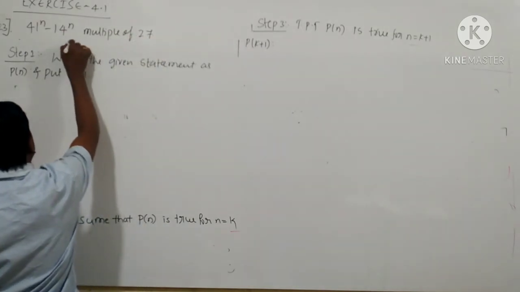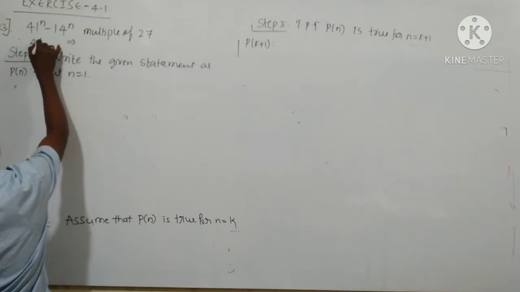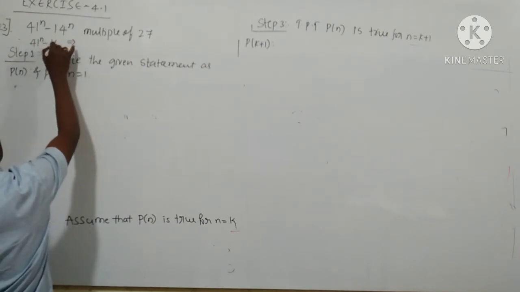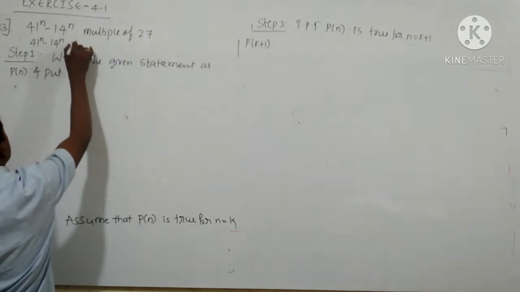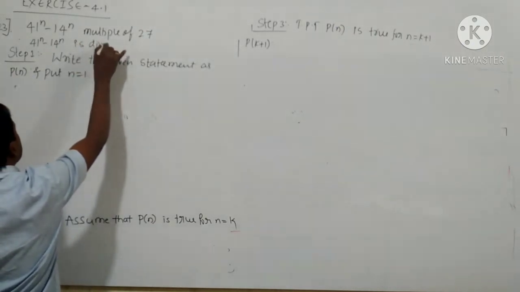So multiple of 27 means we will write like 41 raised to n minus 14 raised to n is divisible by 27.